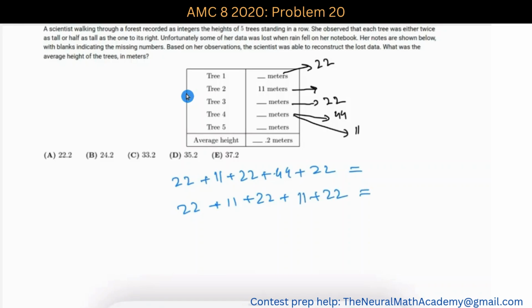And similarly, we will have the third possibility, that is 22 plus 11 plus 22 plus 88 plus 44.